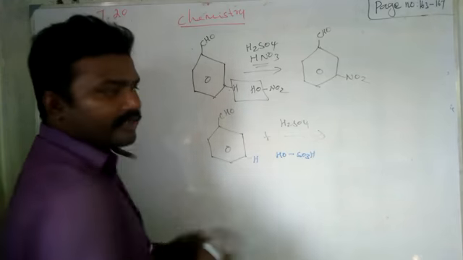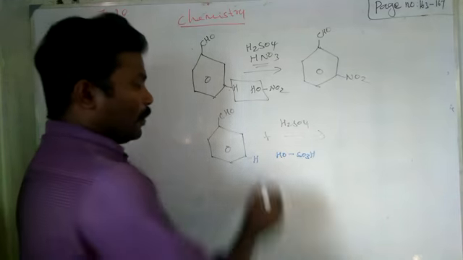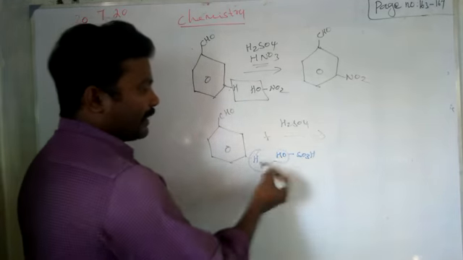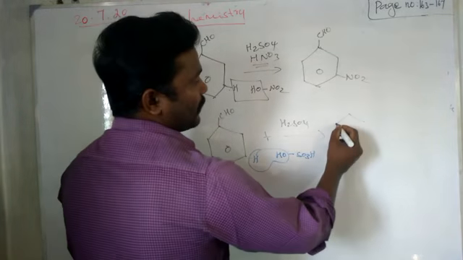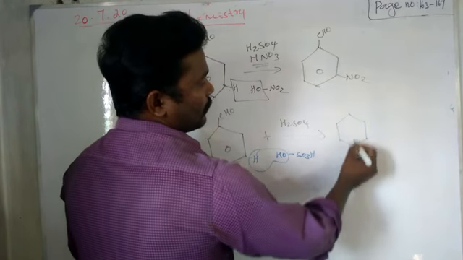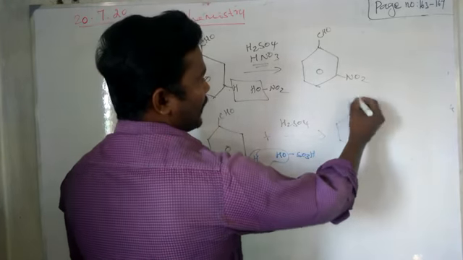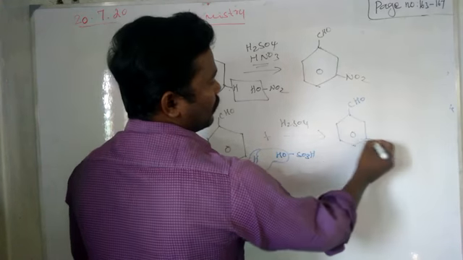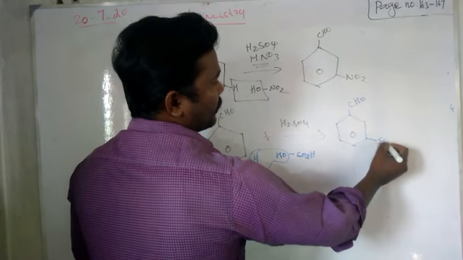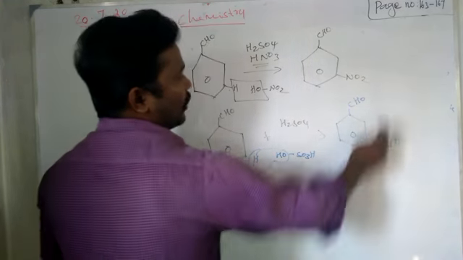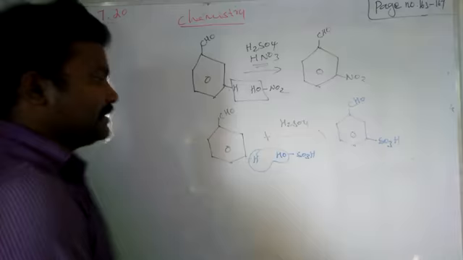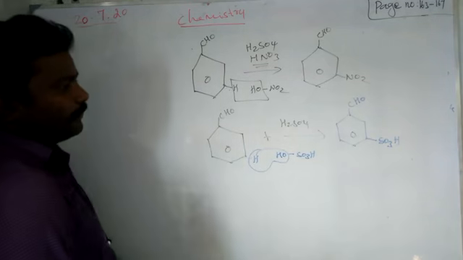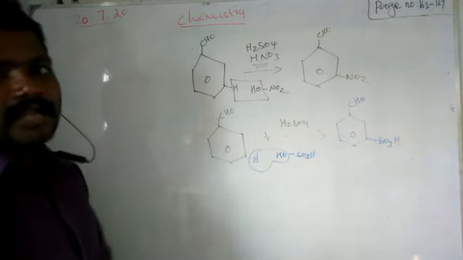So how you want to divide that acid, that also you must know. You can remove the water and add the remaining part. So what is the name of the product? Benzaldehyde sulfonic acid.